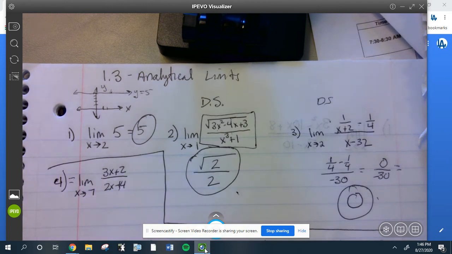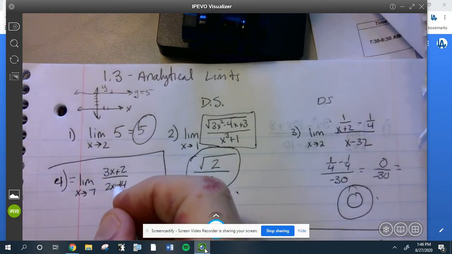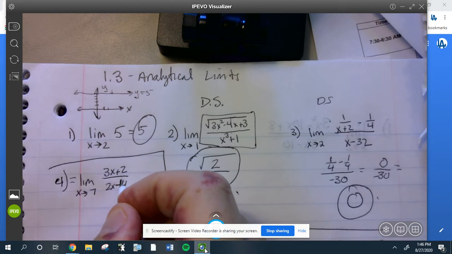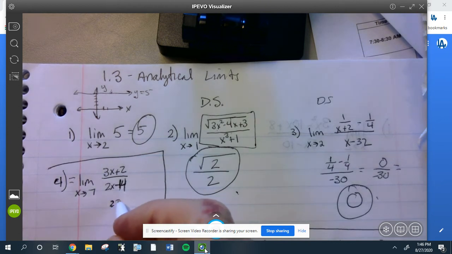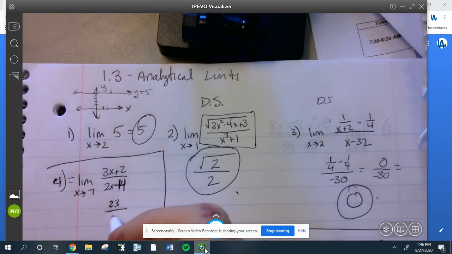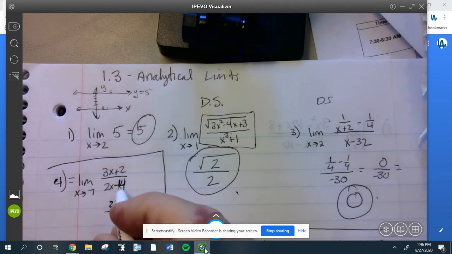So when you plug 7 into this one, it's 3 times 7 is 21, plus 2 is 23. Over 2 times 7 is 14, minus 14 is 0. That's the problem. You can't divide by 0. 23 divided by 0 is undefined.